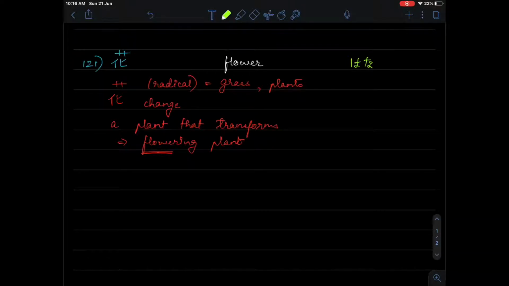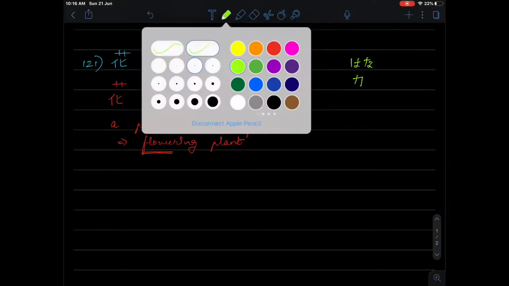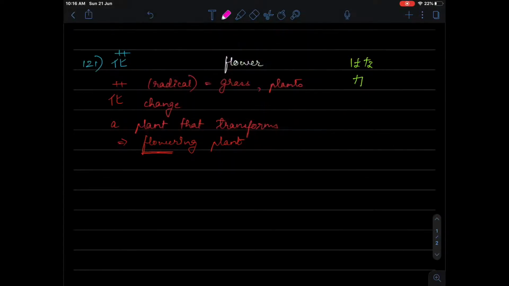That's it. Again, the other part, the onyomi, is very conveniently ka. Again, taking you back to the radical video that I had done. Here, this was your semantic hint. And after that, whatever remains usually acts as a hint about the pronunciation.